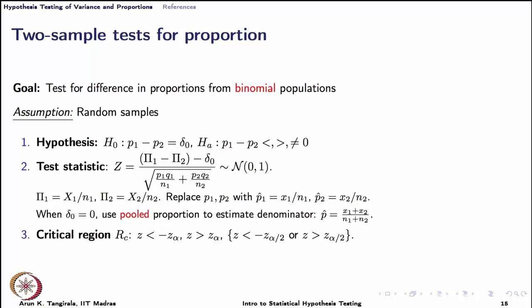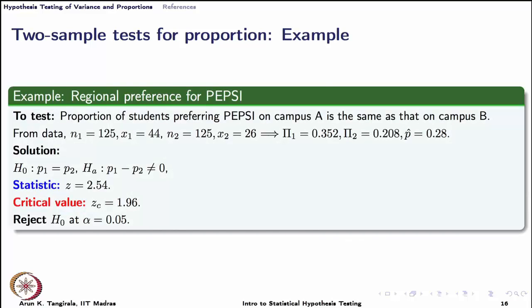So, that works out to be 70, and then you have it by 250, right. So, that is what we have here. So, you get here p hat as 0.28, and the statistic works out to be 2.54.